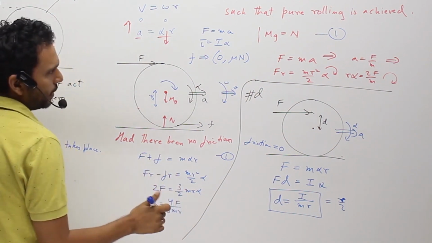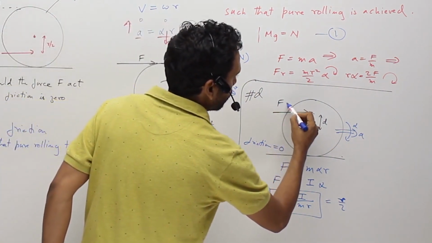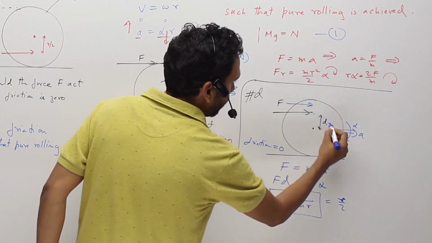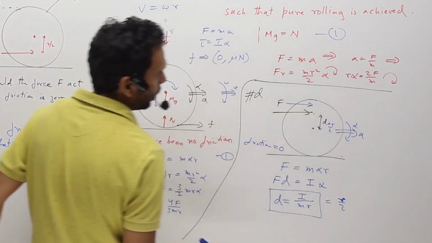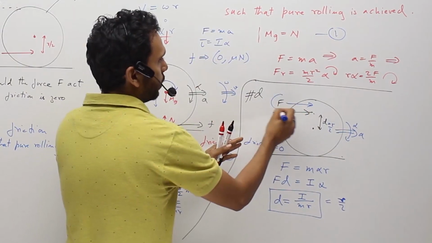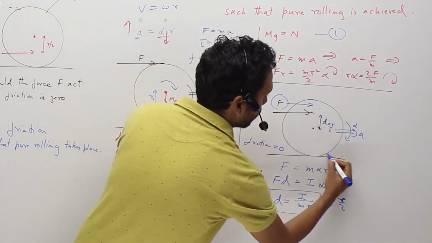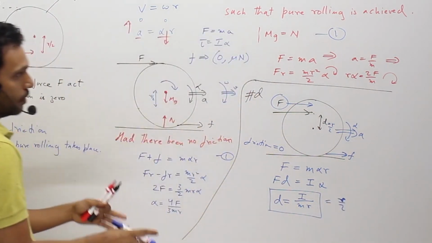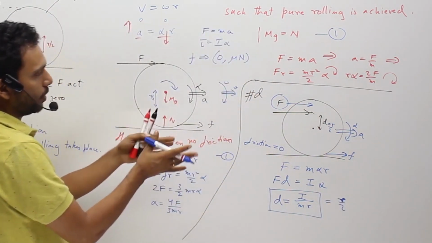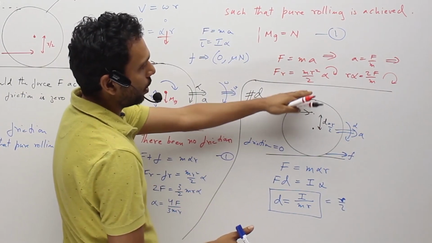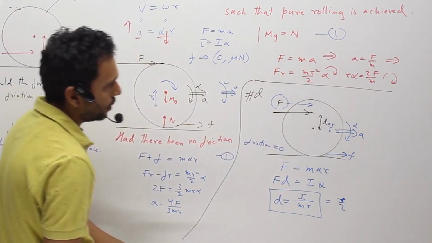So what does it imply? If your F is more than D, R by 2 above the center, what will happen? Your F itself will give extra torque, your friction should reduce that torque, and the friction should be forward. So you get the cases of friction being forward if your F is above this magical point.